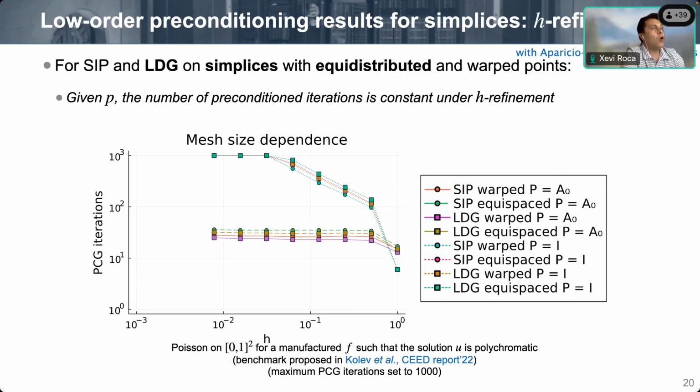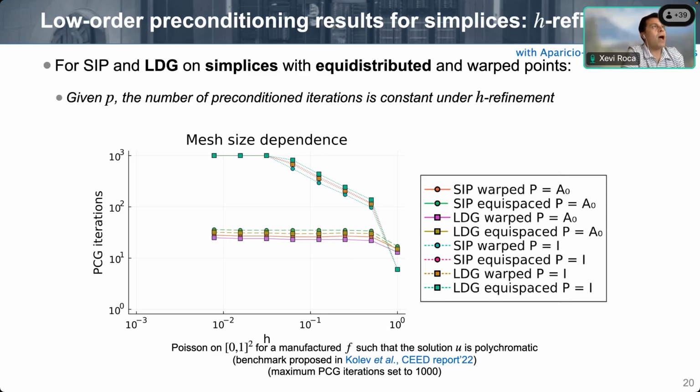Then you have all the other preconditioned problems with the low order problem, which get a constant number of iterations when you refine the mesh, and this number is between the tens and the hundreds. Good. This is actually what you want, and this is what we learned from the paper of Pazner, Zanotti, and Dorman. We were able to reproduce this part with simplices.